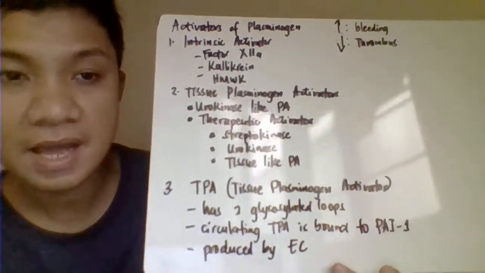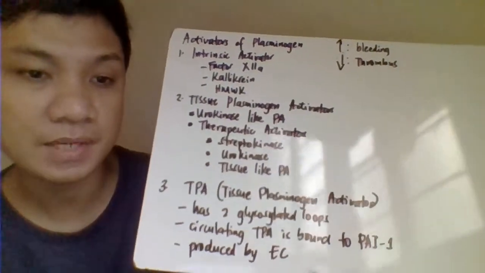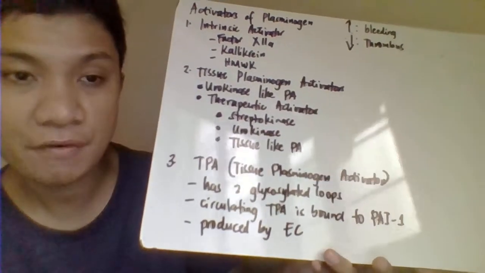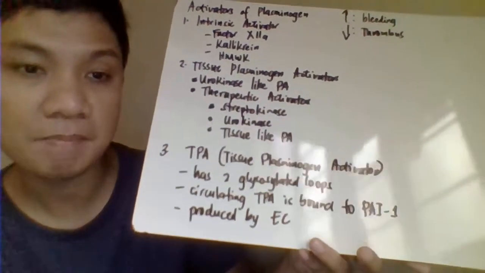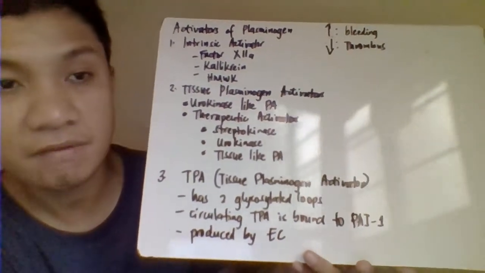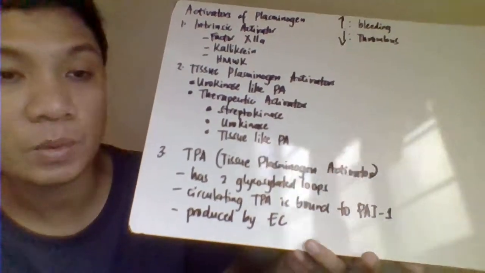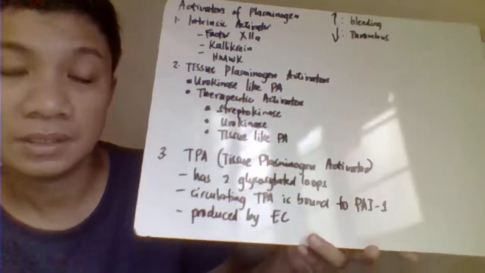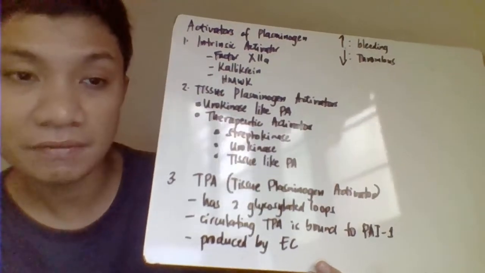Okay, now we have here the activators of your plasminogen. Again, the activators of the plasminogen, they are the ones responsible here for converting your plasminogen to your plasmin, which is the active na proteolytic enzyme natin that will digest your fibrin clot natin. Okay, so increase sa activators.